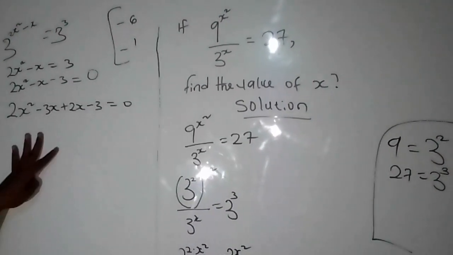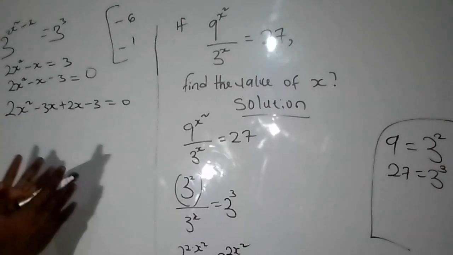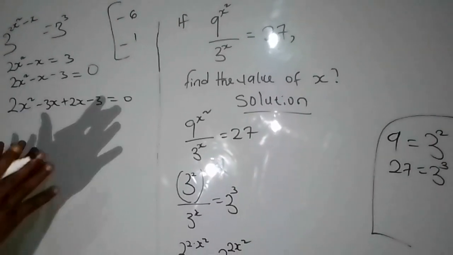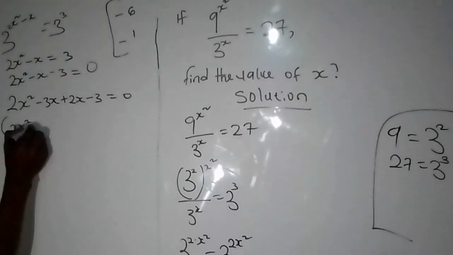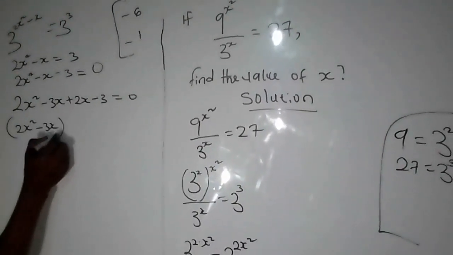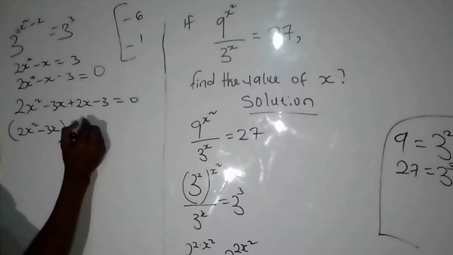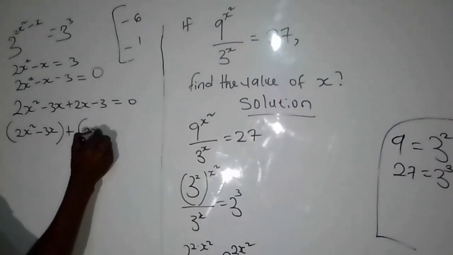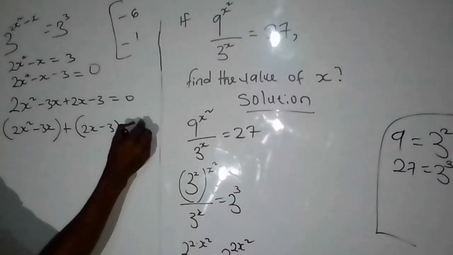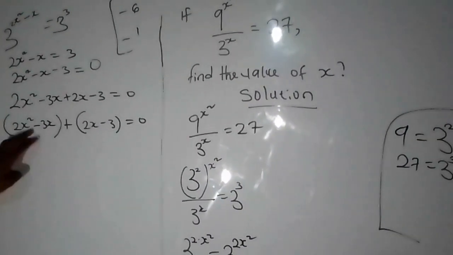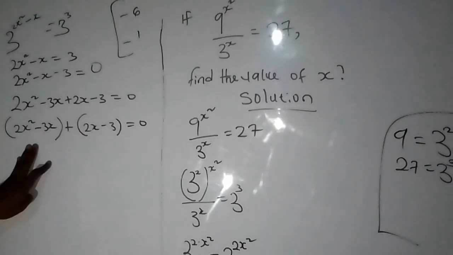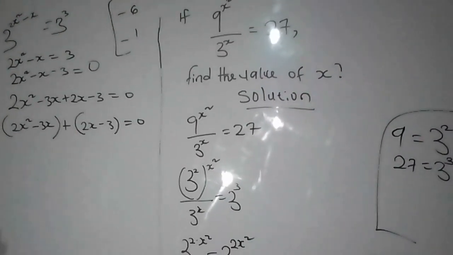The next thing we need to do here is to bracket them, or you group them. So when we group them, it becomes 2x squared minus 3x plus 2x minus 3 equals to 0. Looking at the first bracket, something is common, and what is common here is x, so we factorize it out.